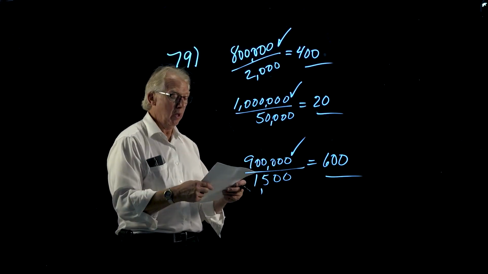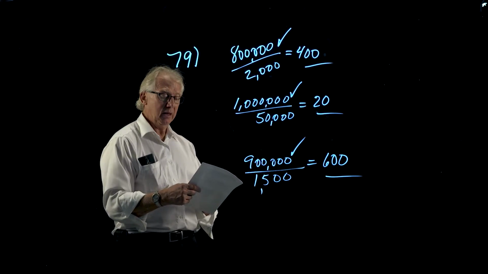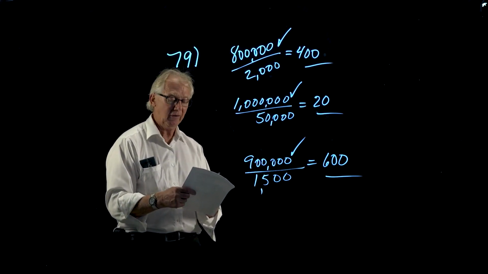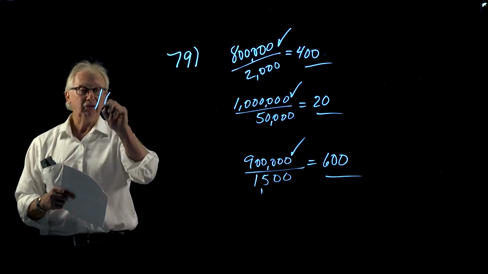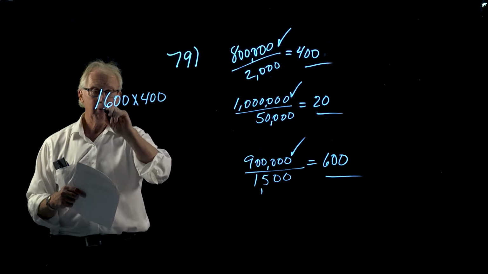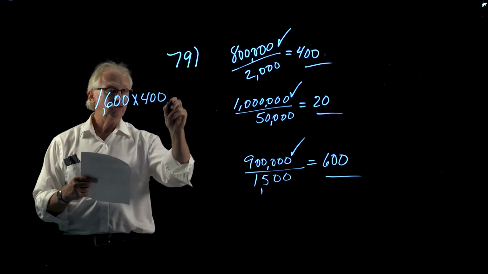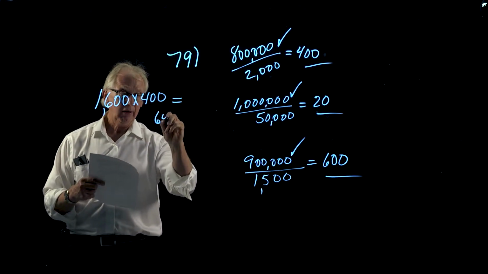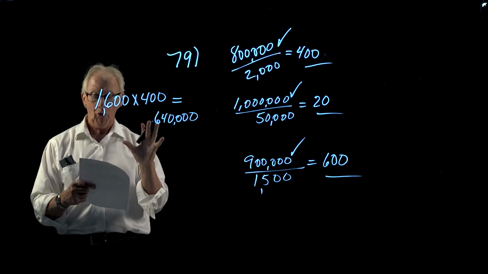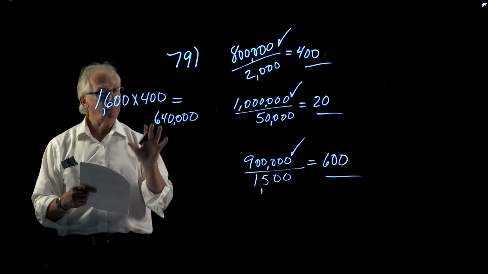So if slime uses 1,600 moves for ordering and receiving, you can take 1,600 times 400, and that gives you an overhead cost of $640,000 for ordering and receiving for slime.